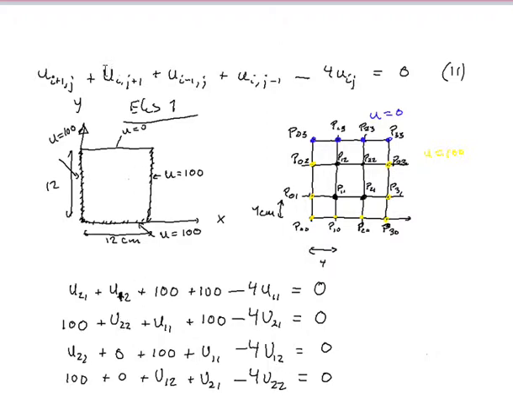Next we have i equal to 2 and j equal to 1 plus 1, so we have U22 at this point. We just write it because we don't know the value at this interior point.